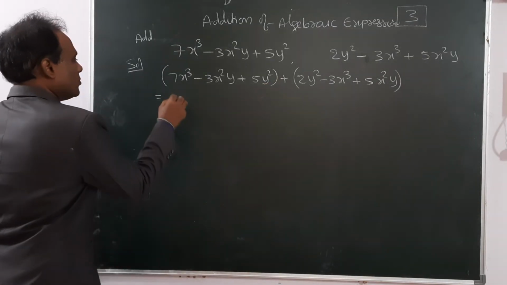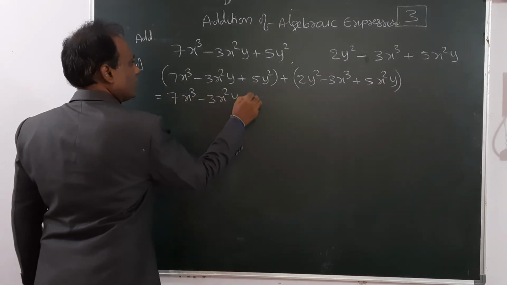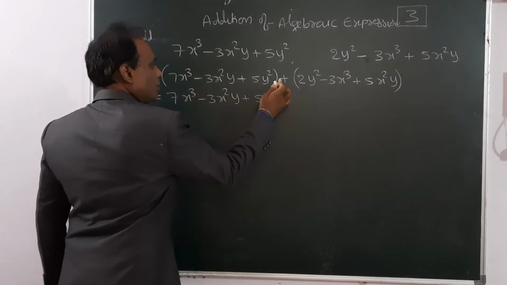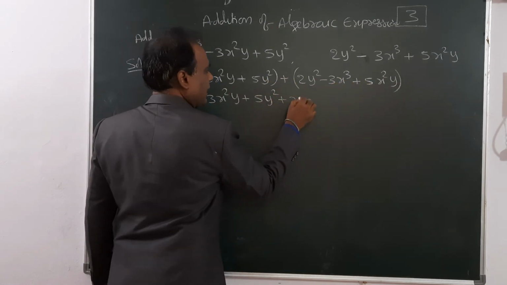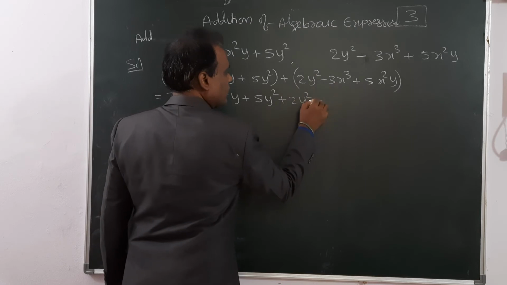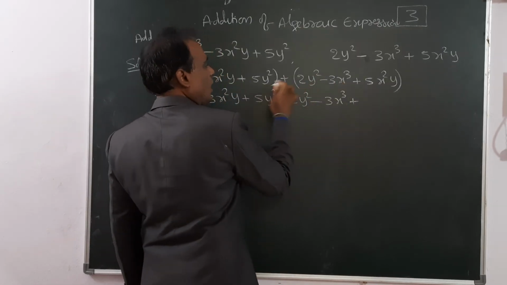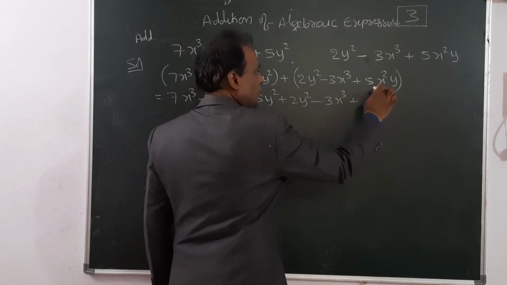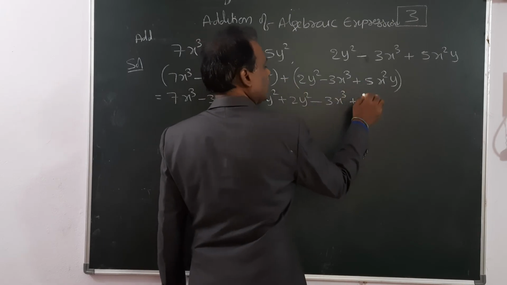Now I will remove the bracket. 7x cube minus 3x square y plus 5y square. Plus means no changes, as it is. Plus into plus is plus, plus into minus is minus. If there is a plus symbol between the two algebraic expressions, there will be no changes in the signs of the second expression.